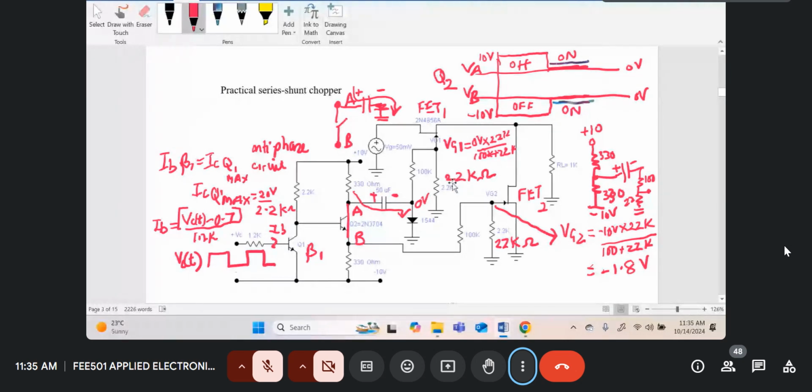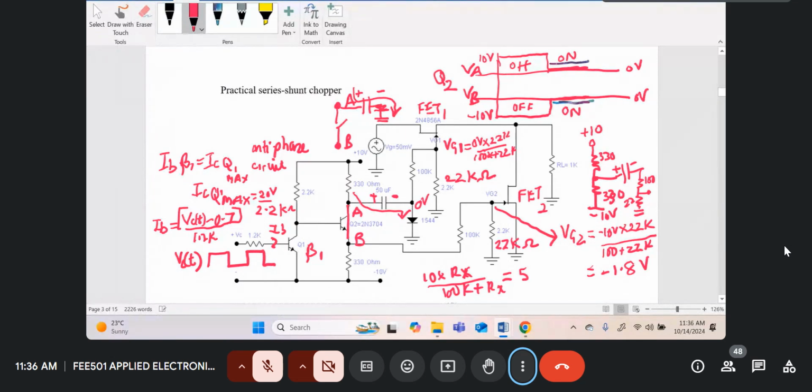So if the peak voltage swing is 10 volts, times the resistance, let's call it Rx, over 100K plus Rx, should equal, say, 5 volts.